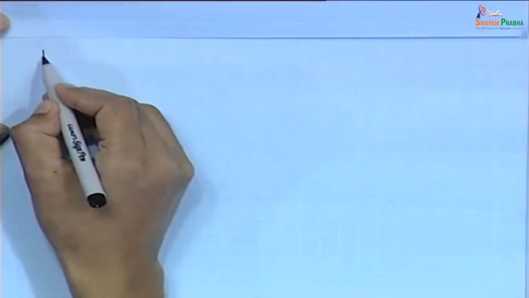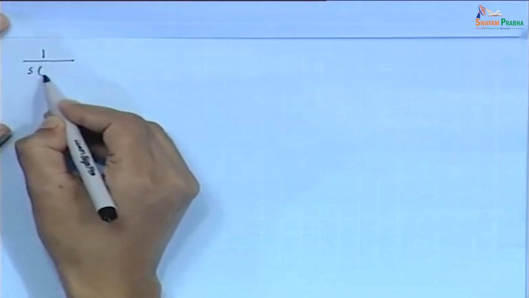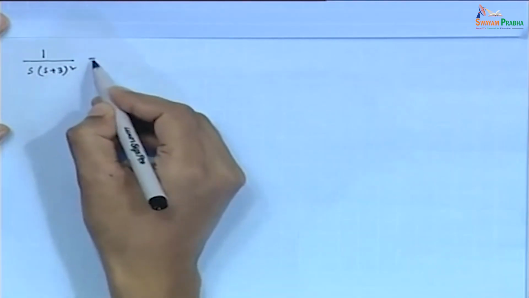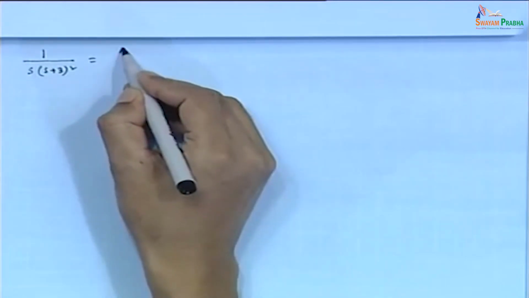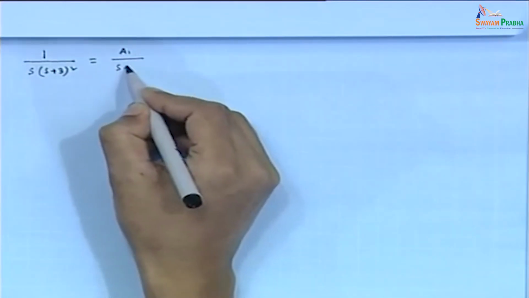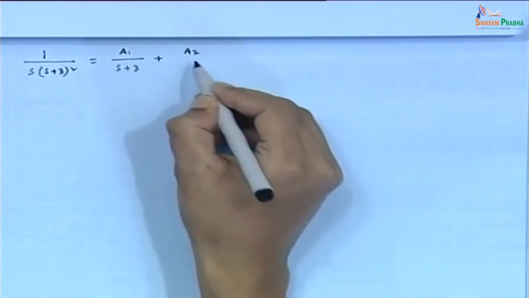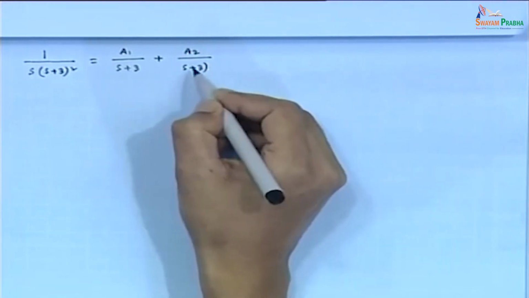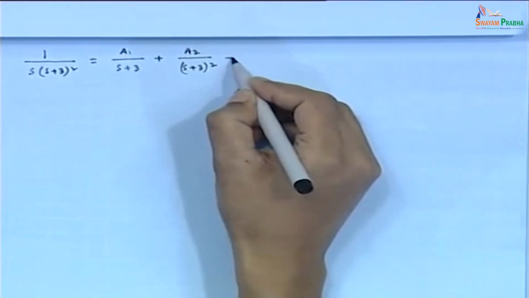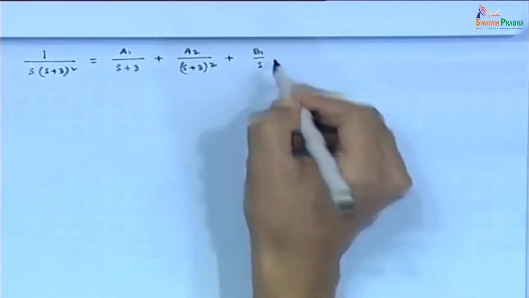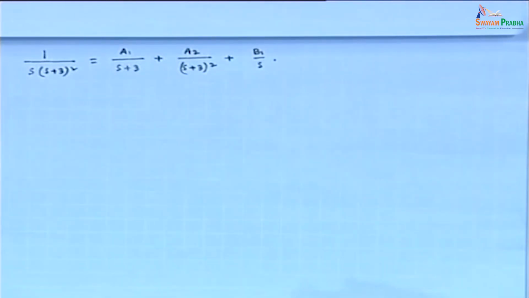I mean, we can write this as A1 divided by (s plus 3) plus A2 divided by (s plus 3) whole square plus B1 divided by s. Next, we need to determine the values of these coefficients A1, A2 and B1.